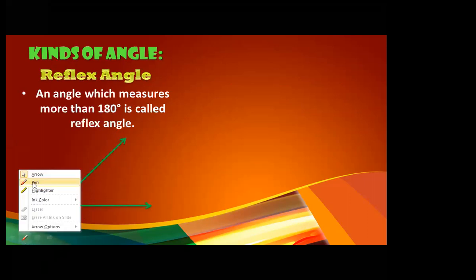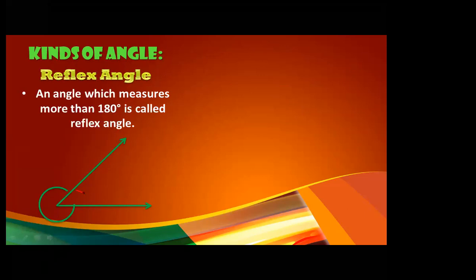Now if you look here, you have two types of angle. This one is obviously less than 90 degrees, so it will be an acute angle, but we are not going to talk about this portion. We are going to talk about the measurement from this to this. If you measure it, it will equal 230 degrees.